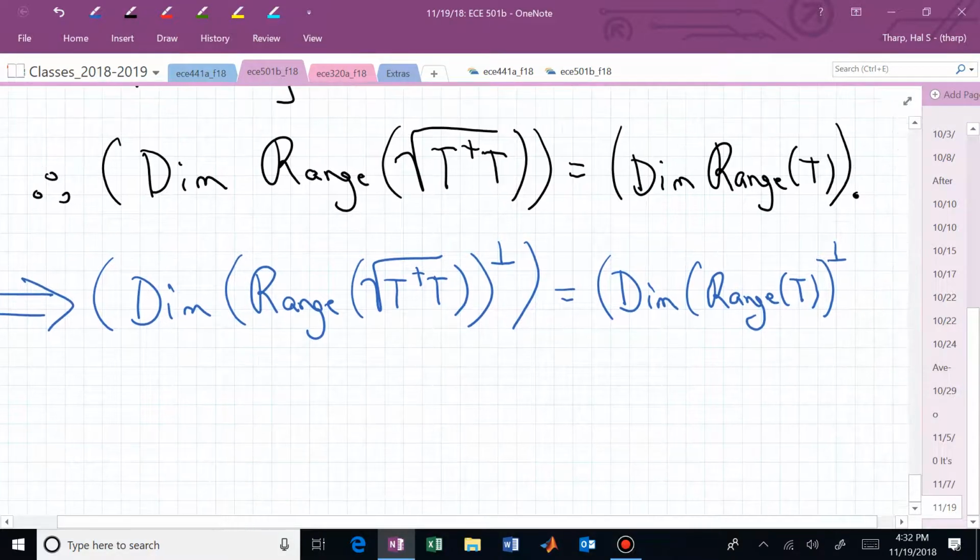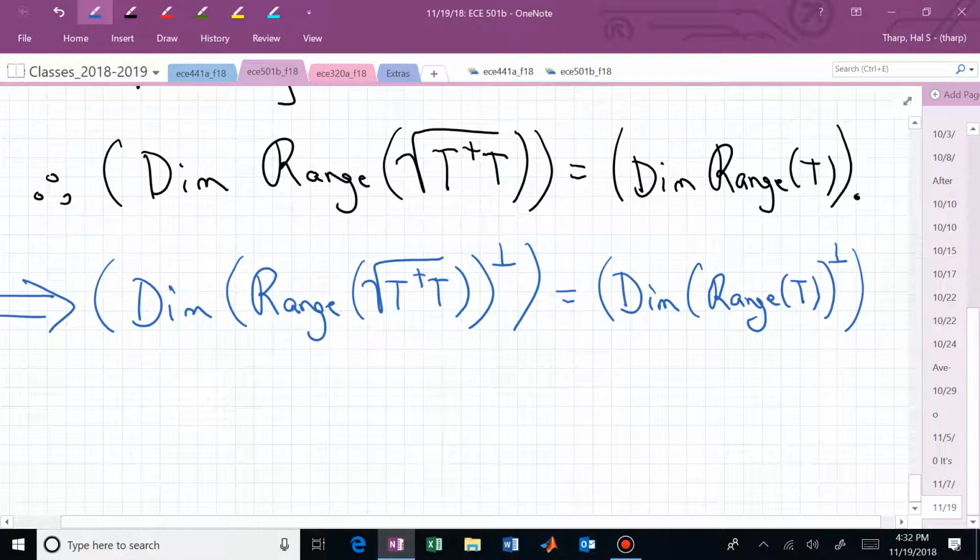I can't turn orthogonal complements into daggers. Is that okay? So now we have two new spaces that have the same dimension.